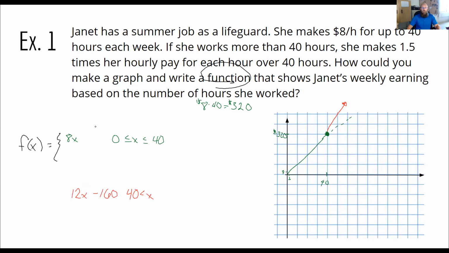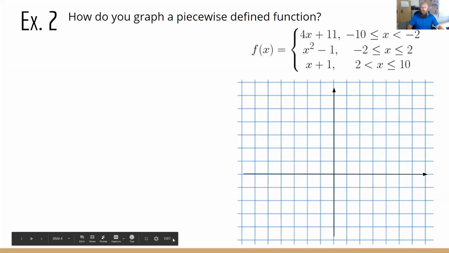Anyway, that part is up here. Click, click. Sometimes this thing gives me fits. All right, anyway, this part is up here, right? So I have 8x with this restriction. I have 12x minus 160 with this restriction down here. Not too bad, right? Let's save this. Why is shift frozen? All right, so now we're on to our next problem.